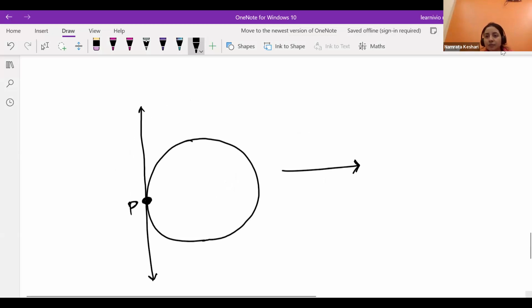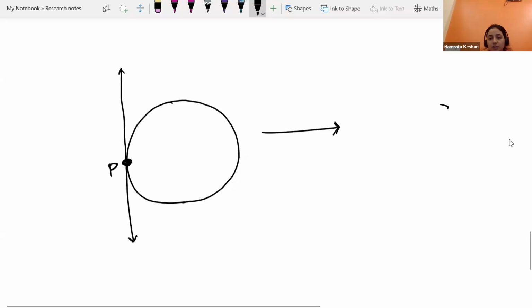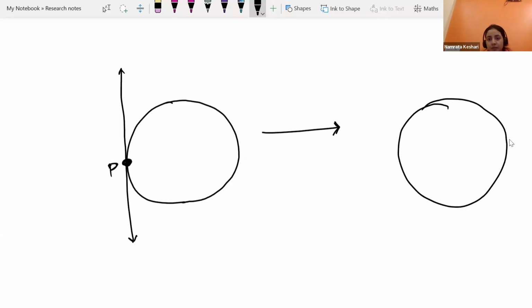So if it will move, then we can understand that at a certain point it can look like this. It can look like this. Yes or no? See, I'm not doing anything. The wire itself can move by itself, or we can just push it like this and it will start moving because we have tied the wire at one point only.